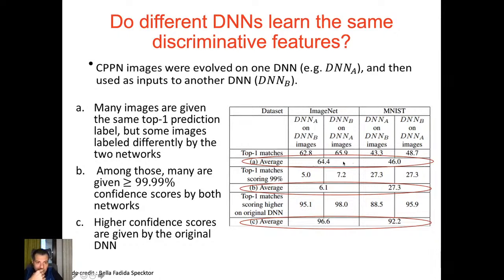These are the top one matches. Here we have DNN A applied on DNN B images, and DNN B applied on DNN A images. And when you do the cross database results, you obtain that more than 60% of the top one matches are the same.